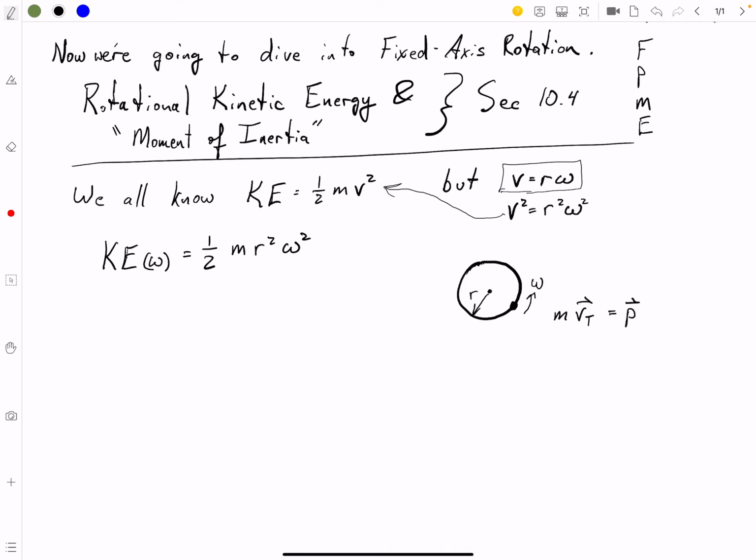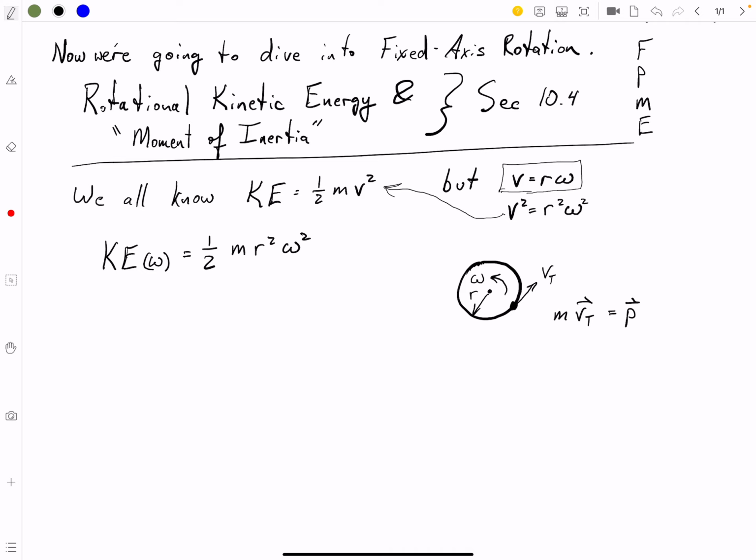And we can draw that. We could draw it if I didn't put this in the way. We could draw that Vt, all right? And we'll put our omega on the inside here. Okay?